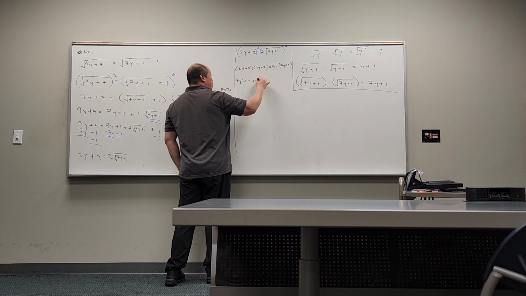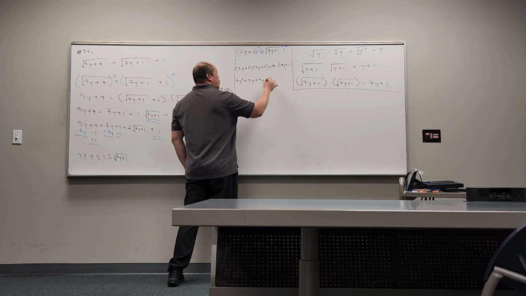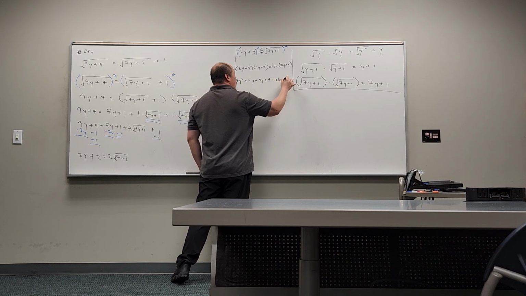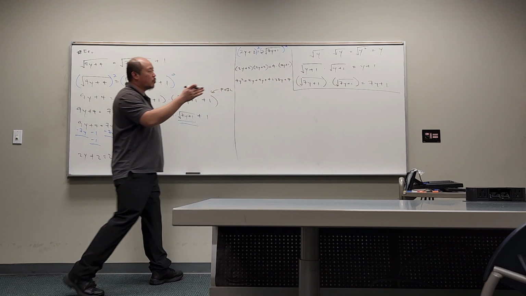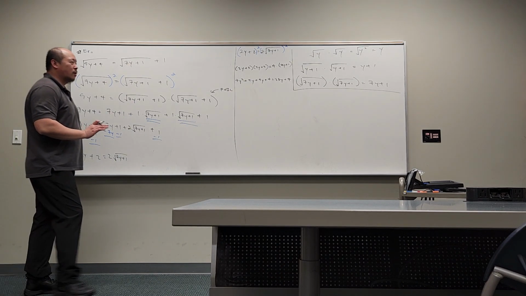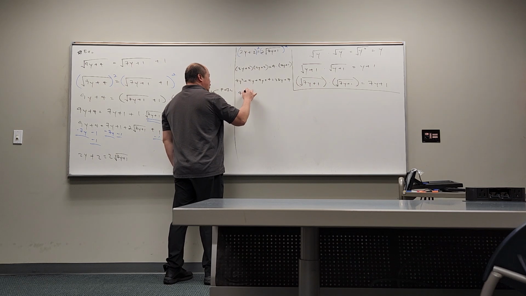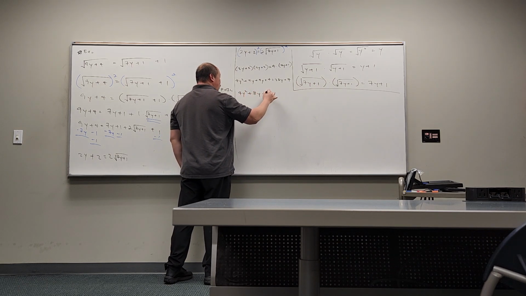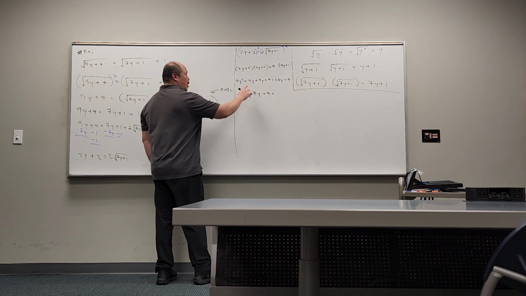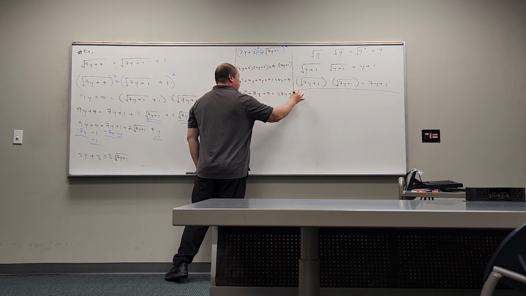Inside term is 4y. Last term is 4, right? And that's 28y plus 4, once you distribute. Well, we're getting close. Let's see what happens. That's 4y squared plus 8y plus 4. Right, I combine those 2 terms, and that's 28y plus 4.